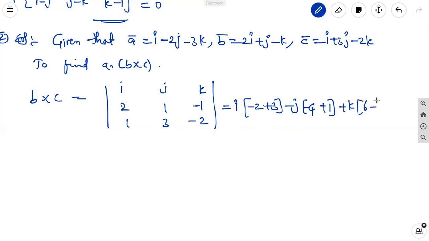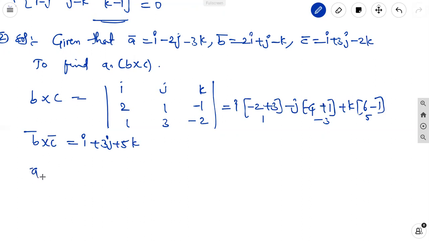So it is 1, minus (minus 3), 5. So i plus 3j plus 5k is the B vector cross C vector.